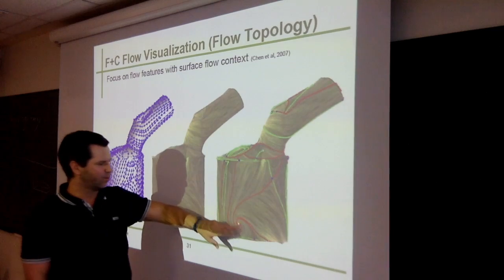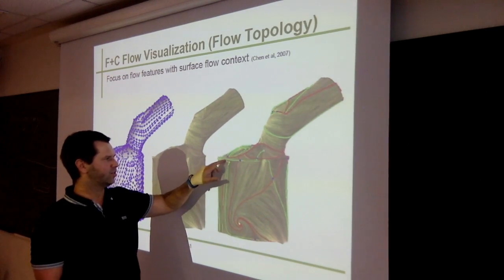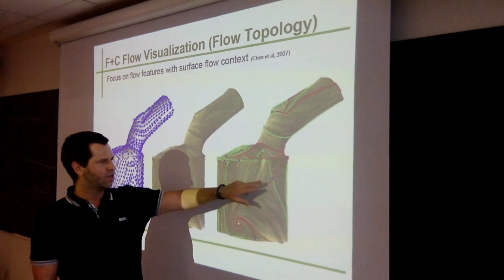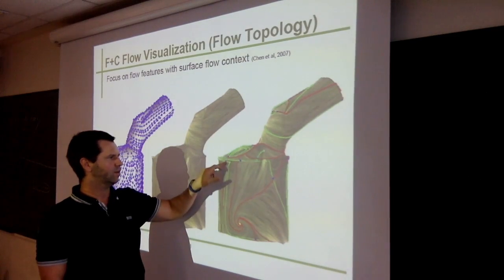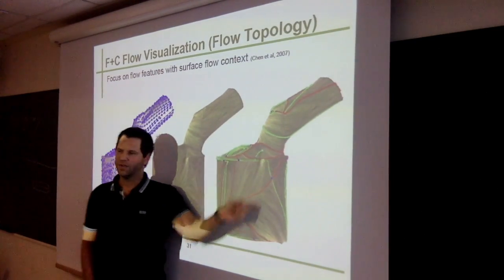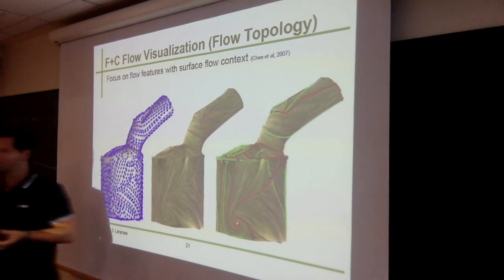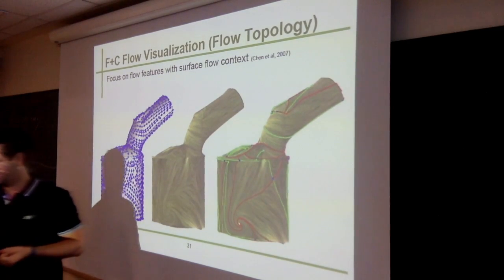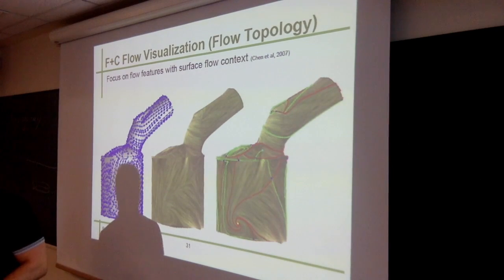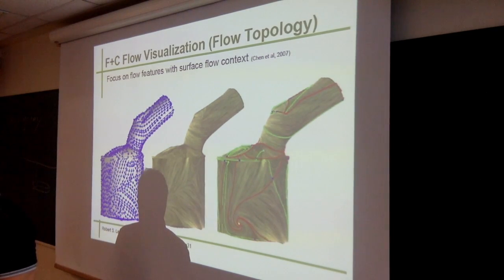And here we can focus on special points in the flow. So this is combining the focus points of the flow and the context together. So it's a style of focus and context visualization. That will make more sense in future lectures too, because we talk about that.